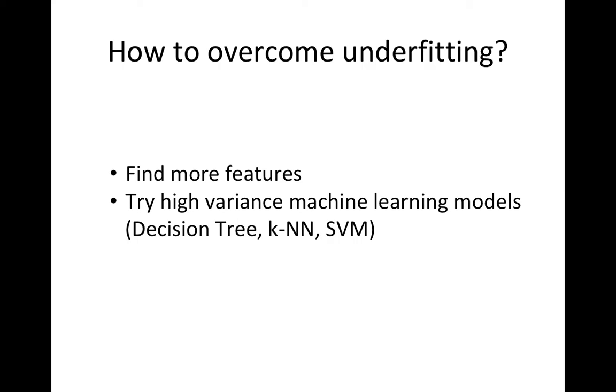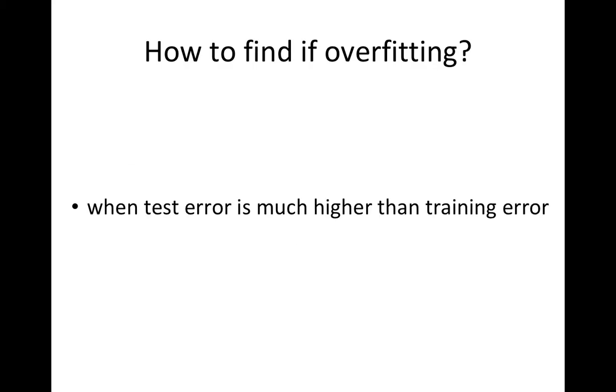And how did we solve this problem? We gave more features, like you can play with the ball and you cannot eat the ball, right? So finding more features will lower the bias and give a little bit higher variance, and you can eventually overcome underfitting. Also, you can try a high variance machine learning model like decision tree, KNN, and SVM.